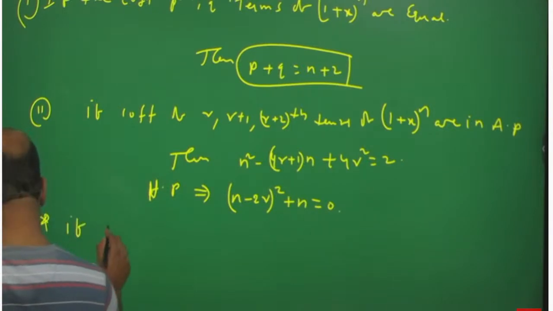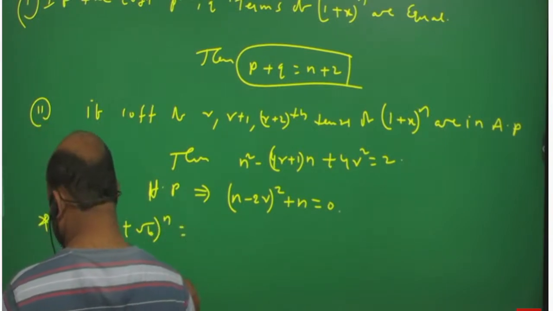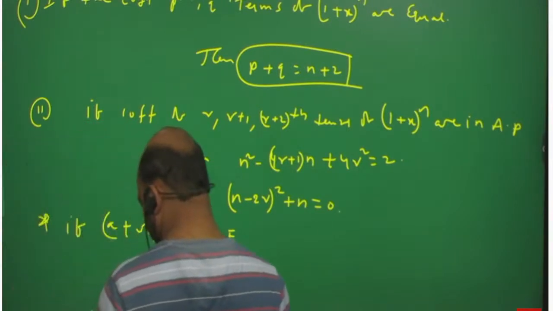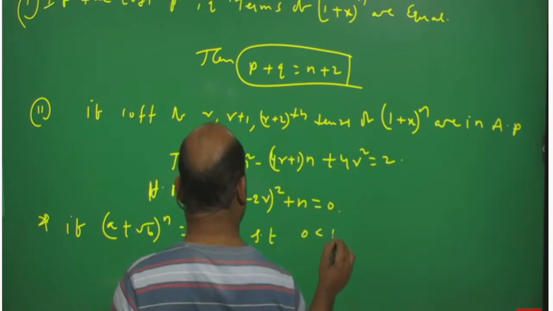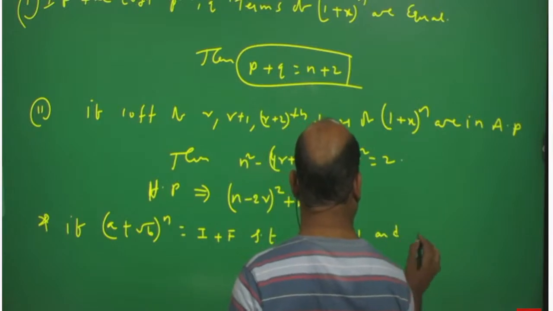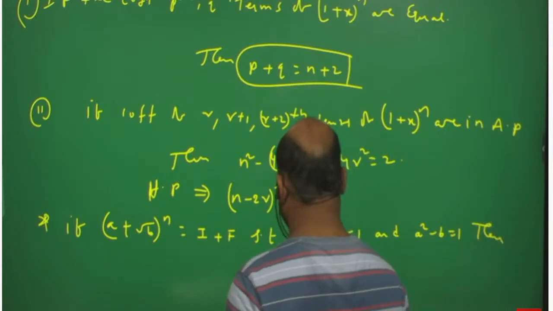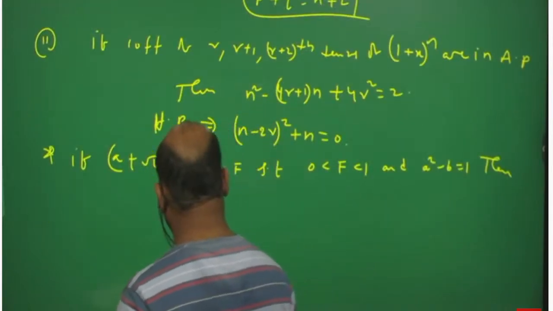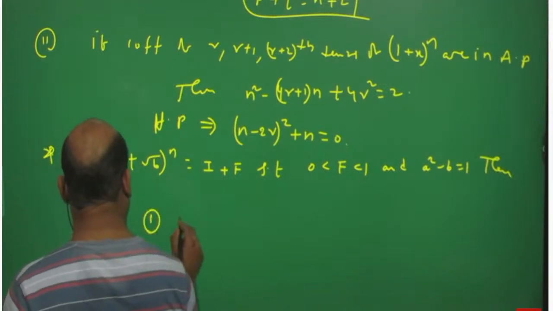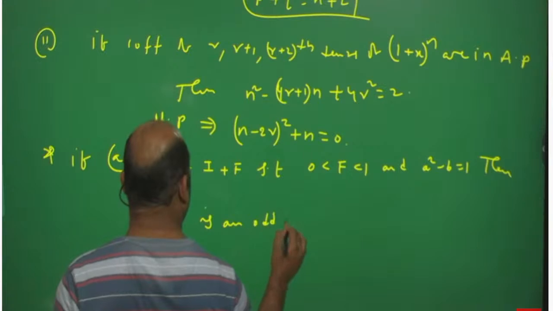if (a plus root b) whole power n is equal to I plus f, such that 0 is less than f is less than 1, and a squared minus b equals 1, then point number 1, I is an odd positive integer.